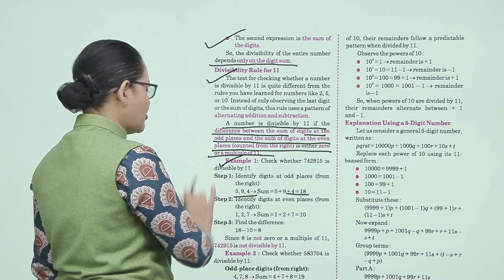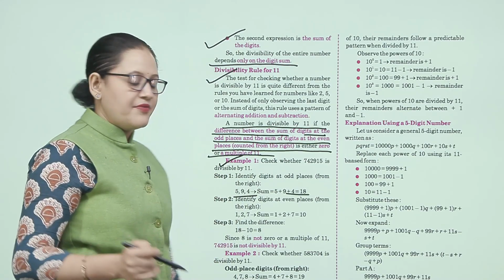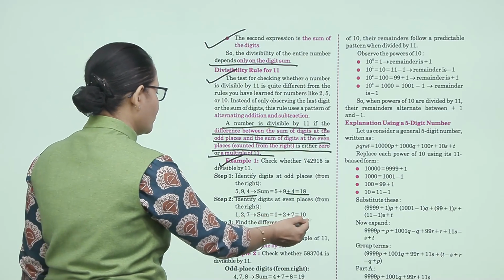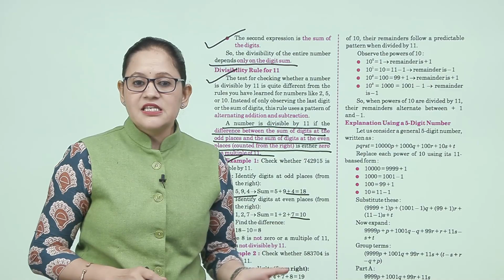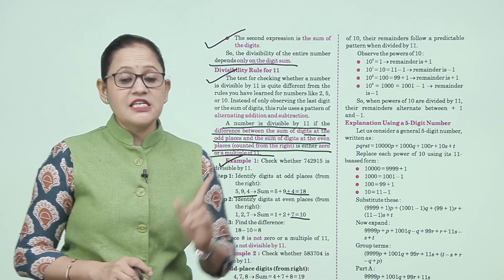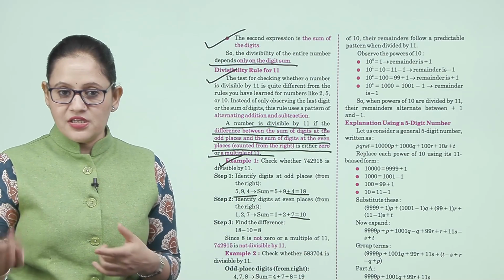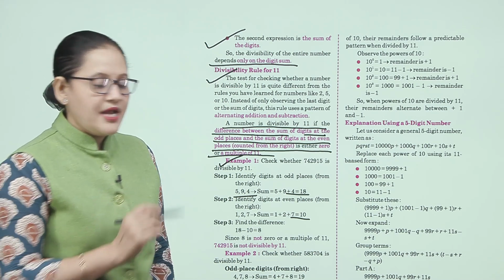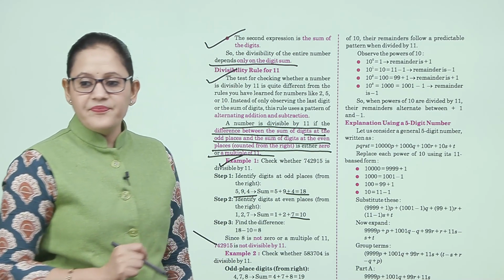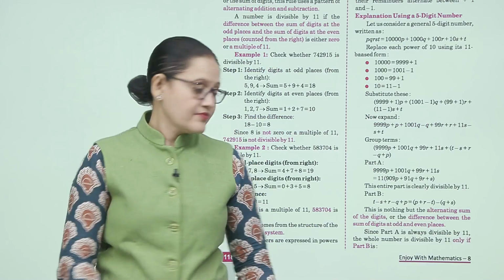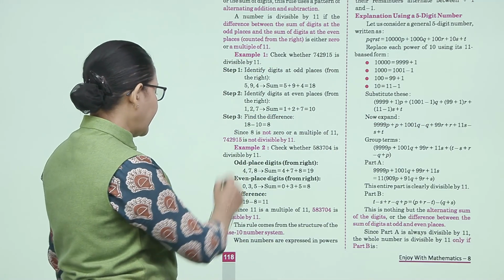These are the digits at odd places. Now, the sum of digits at even places is equal to 10. So, we will find their difference, that is 18 minus 10, 8. Now, since 8 is not 0, nor is it a multiple of 11, that means the given number is not divisible by 11. Clear? So, you will practice all the examples.